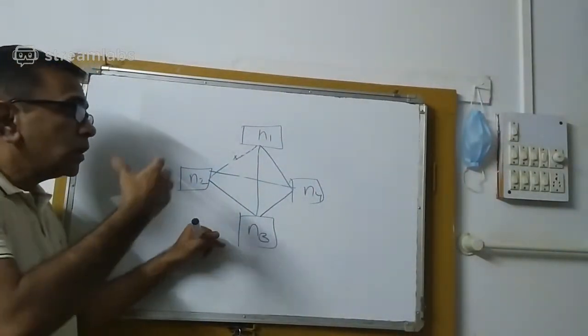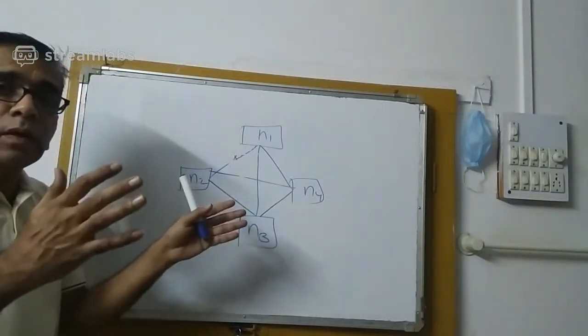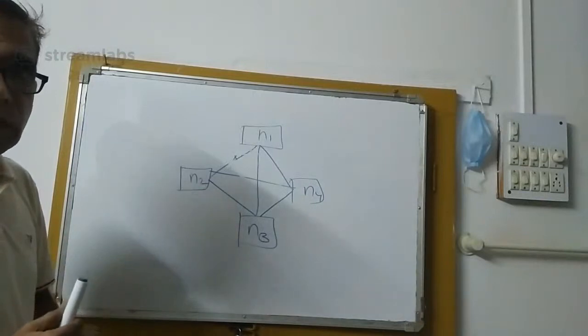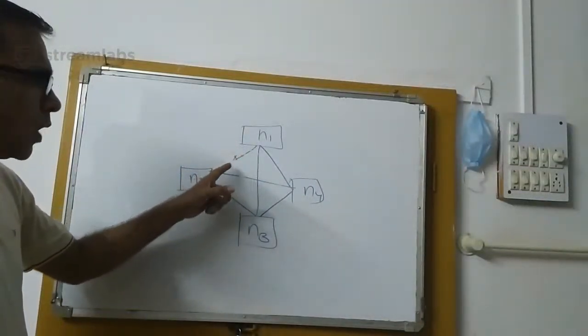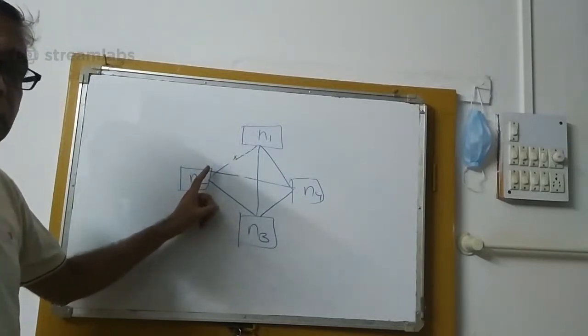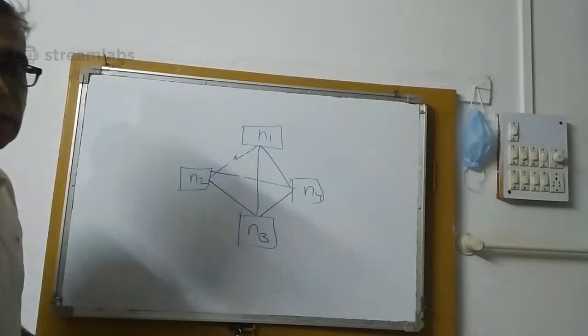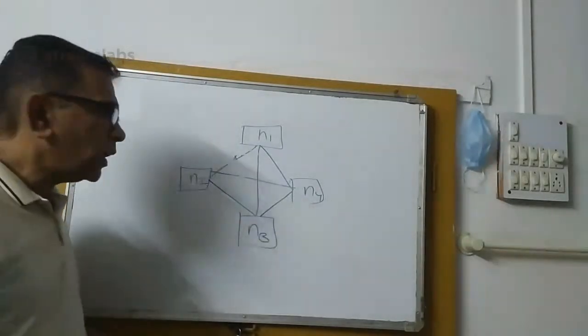As I said, it will not be suitable for environments with a large number of nodes. If you increase the number of nodes, what happens? The number of connection points you need to provide on each system also increases. So that makes your system bulky. Clear?